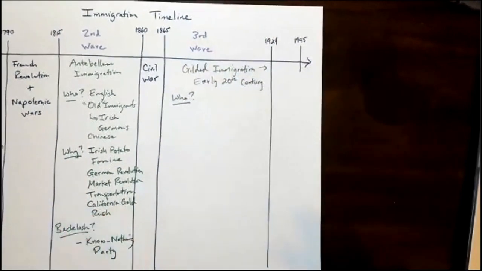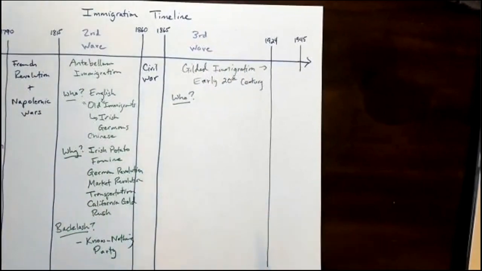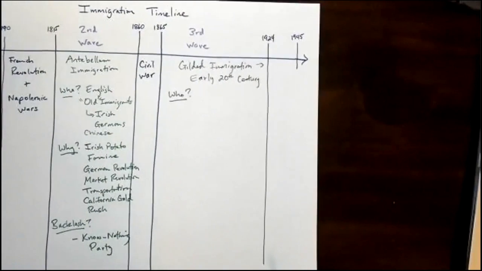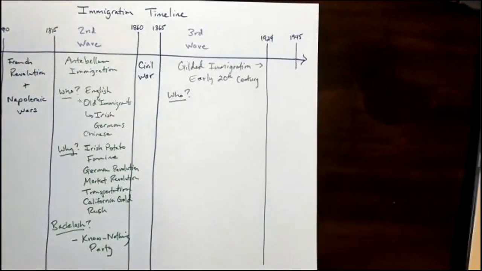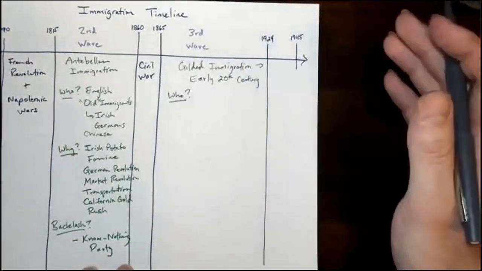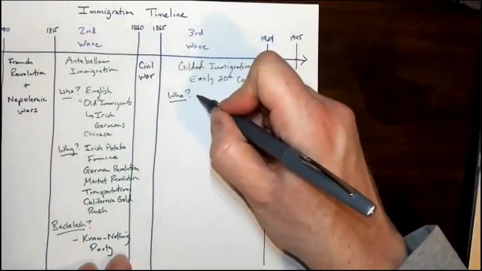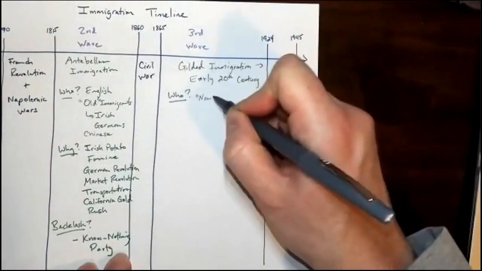This is a big difference between who's coming in the Gilded Age versus who's coming in the antebellum period or the colonial period before it. One of the things you have to understand about the Gilded Age is that we see a major shift from what we called old immigrants in the previous time period to now new immigrants.